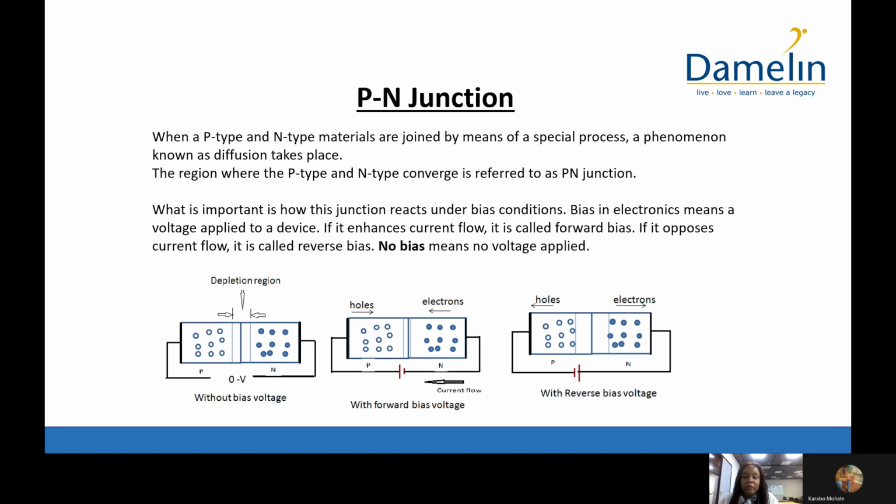So the holes move away from the supply and closer to the junction, and the electrons actually move towards the positive charge. And on the side where we connect to the negative, the electrons move away from the negative charge of the battery, and they are moving towards the junction.